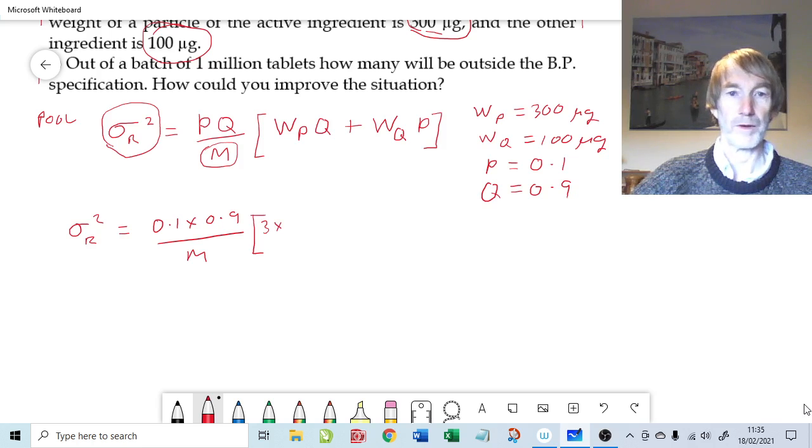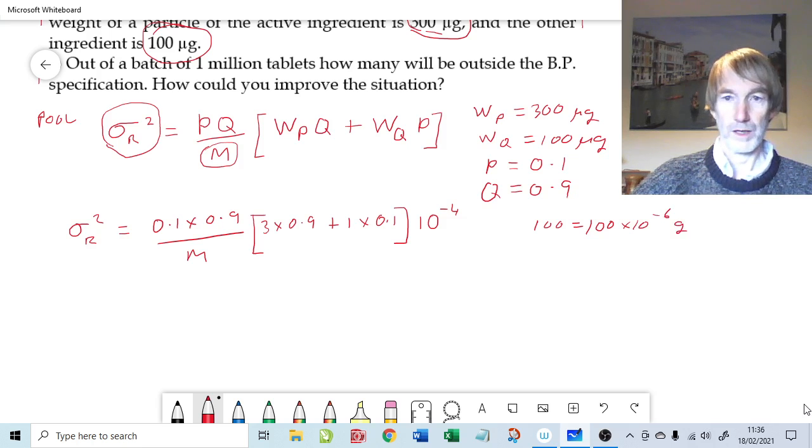So that's 3 times 0.9 plus 1 times 0.1. Okay, and then that's going to be 10 to the minus 4, because it was 300 micrograms and 100 micrograms, and 100 micrograms equals 100 times 10 to the minus 6 grams. So therefore that's 10 to the minus 4 grams. So that's where my 10 to the minus 4 comes from.